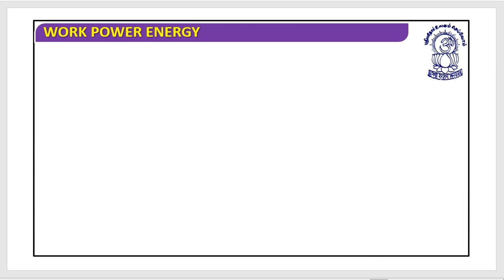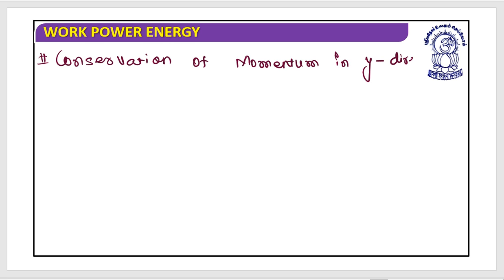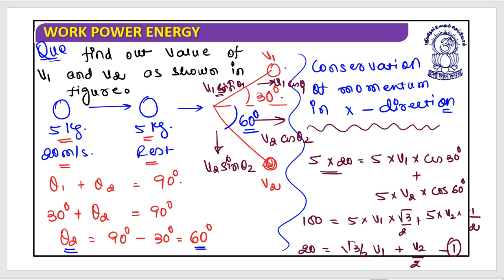Now next, conservation of momentum in y direction. In y direction, initially I do not have any motion, so 0 plus 0 should be equal to, look, this is v1 sin theta 1, this is v2 sin theta 2.